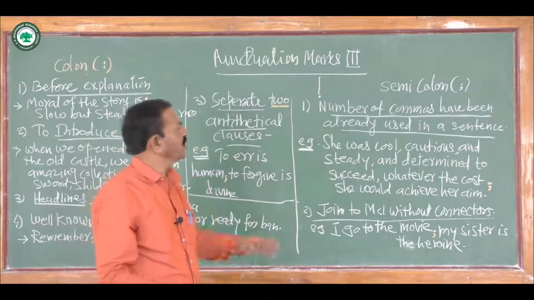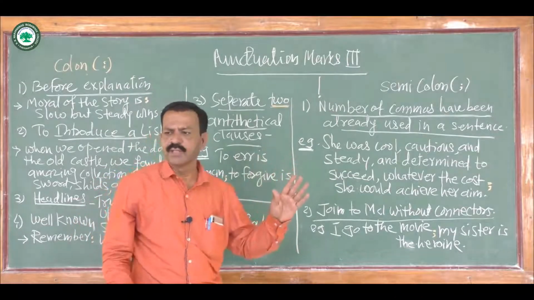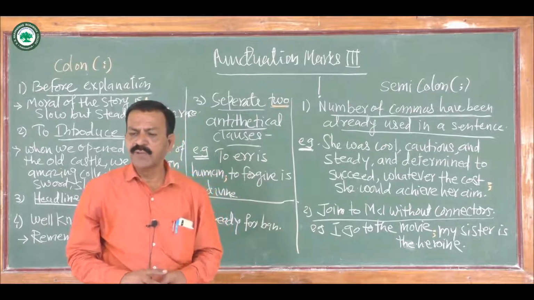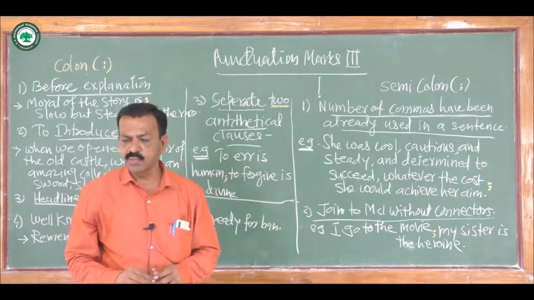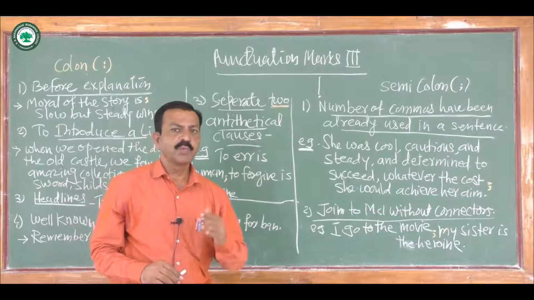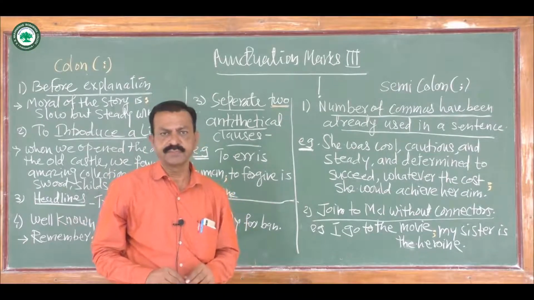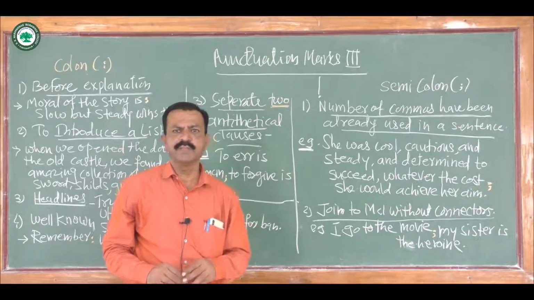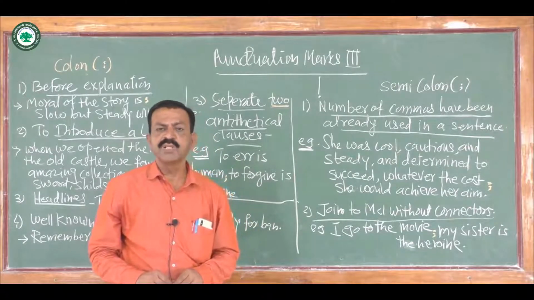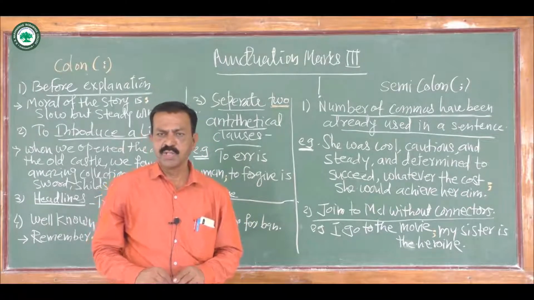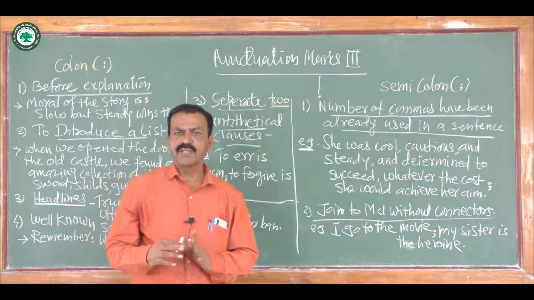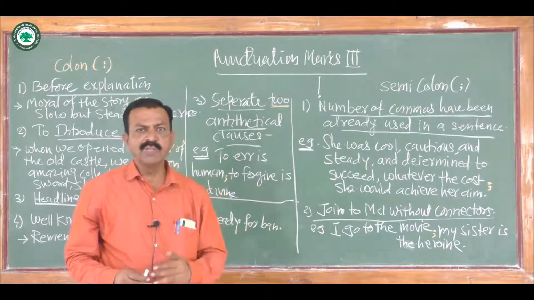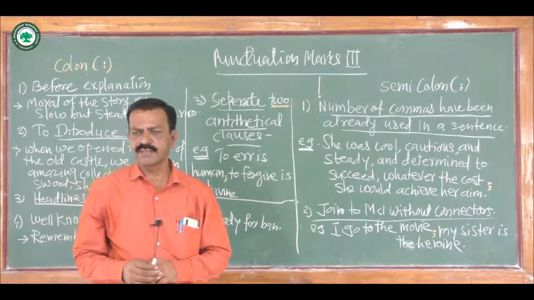The next punctuation mark is the hyphen, and it is very interesting to study the use of the hyphen, because sometimes if you do not give the proper hyphen, the meaning changes. So hyphens are generally used with compound modifiers.